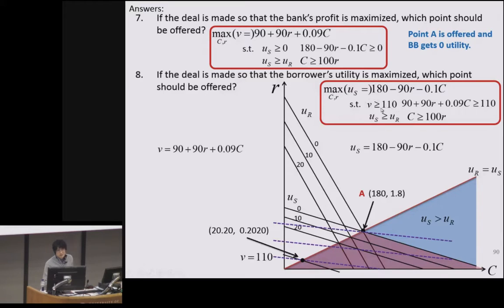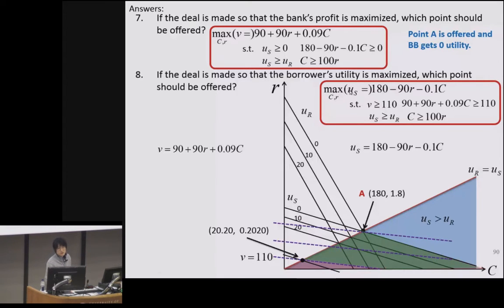So V should be no smaller than 110. The set of loan contracts that satisfy these two constraints is this green region. As long as the loan contract is in this region, the bank is getting at least £110 and Brown Bakery will select the safe project.